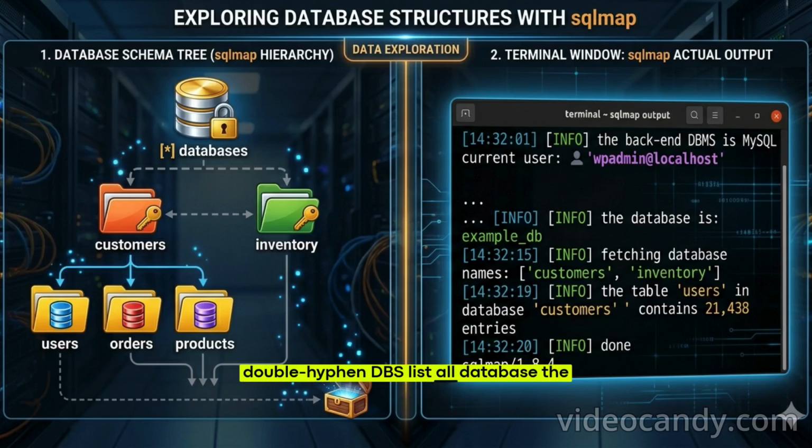"--dbs" lists all databases the user can see. You then pick one with "-D", for example "-D customer", and "--tables" will show tables inside the database. This is perfect for exploration.